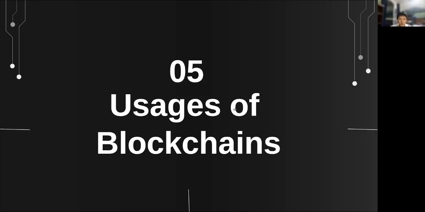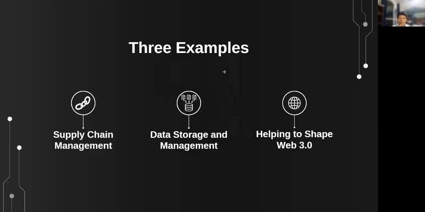Okay, so now we can discuss briefly the usages of blockchain. I gave three examples here. First is supply chains. In supply chains, you're required to have massive amounts of data management.